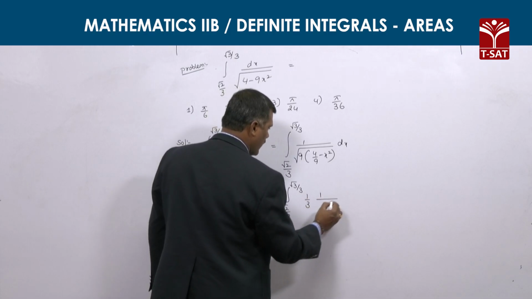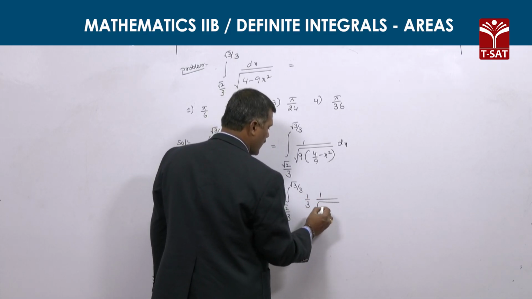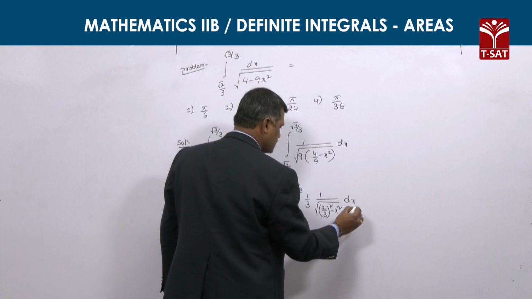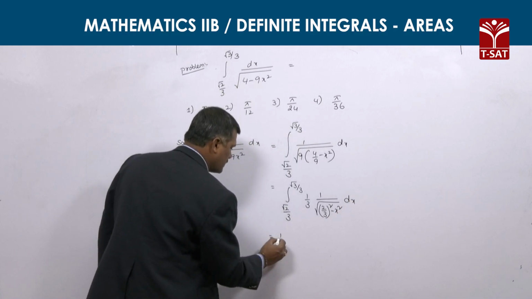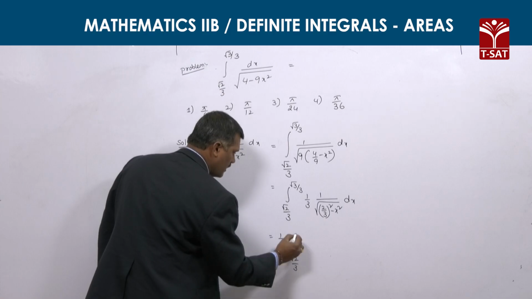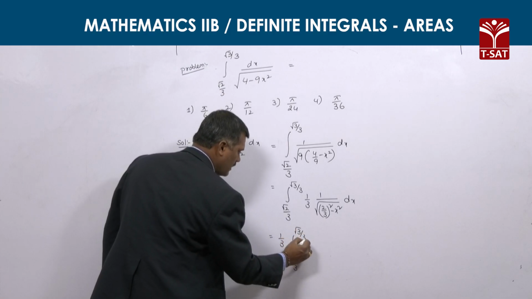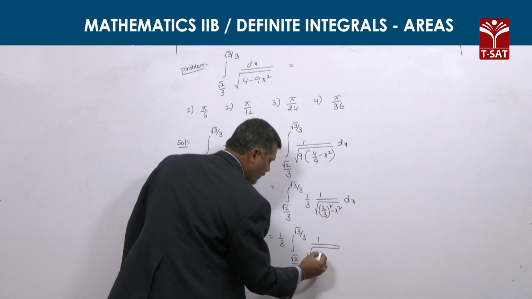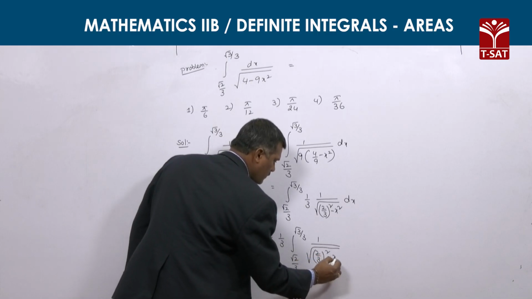Under root, 4 by 9 can be written as (2 by 3) whole square minus x square dx. That equals 1 by 3, constant taken outside, integral of root 2 by 3 to root 3 by 3, 1 by under root (2 by 3) whole square minus x square dx.